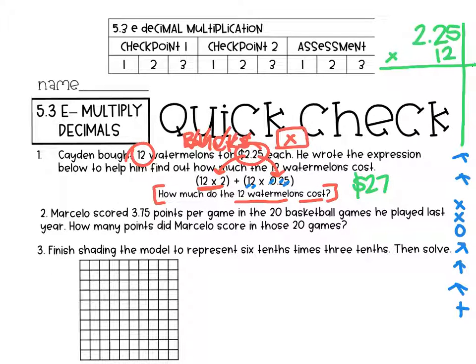So here we do 5 times 2 is 10, carry the 1, 2 times 2 is 4, plus 1 is 5, 2 times 2 is 4, X, X, O, because I'm following the steps that I still have down here. 1 times 5 is 5, 2 times 1 is 2, 2 times 1 is 2 again. So I'm going to add that up. We get 0, 0, carry the 1, that's 6, 7, and then bring down your 2. So let me write that in a different color.